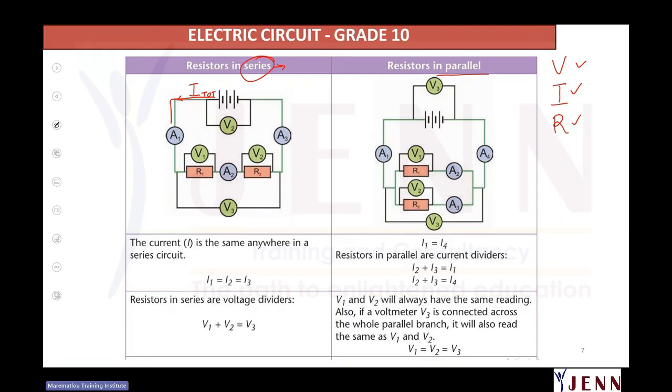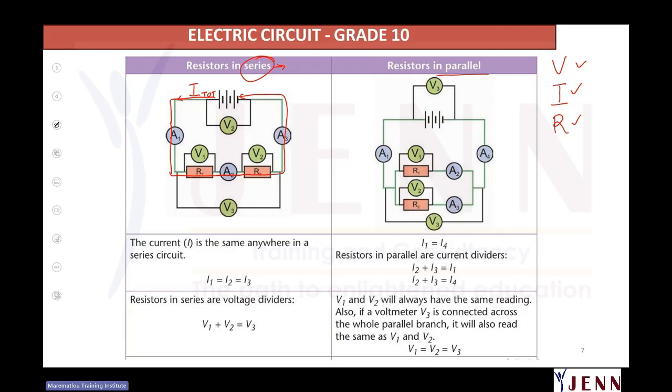So current flows from the positive terminal of the battery. It goes down, passes A1, gets to R1, gets to A2, R2, and then A3, and then comes back to the battery. The current that flows out of the battery, we call it I total.